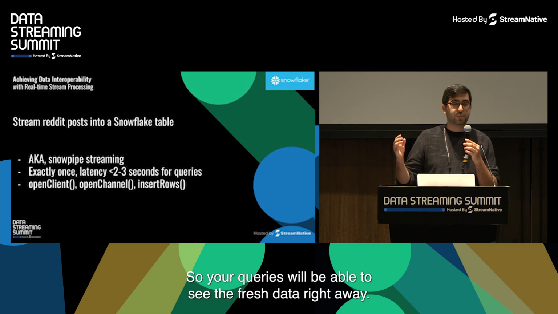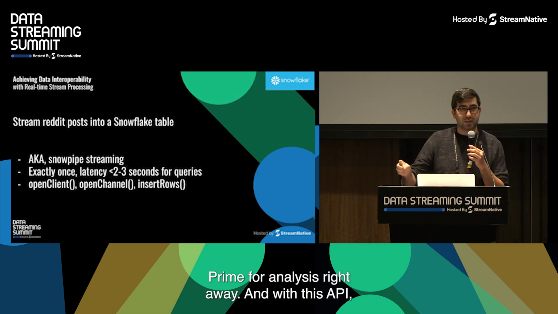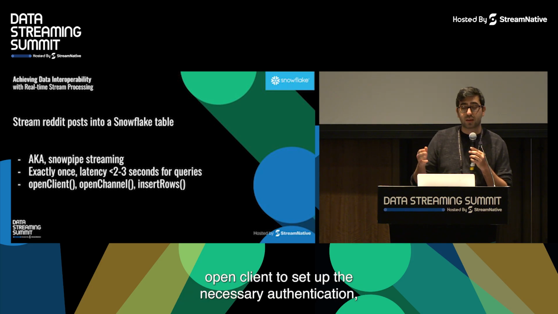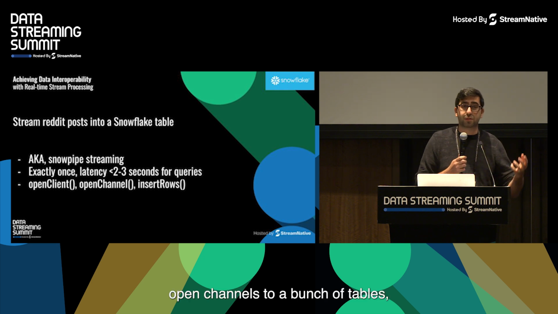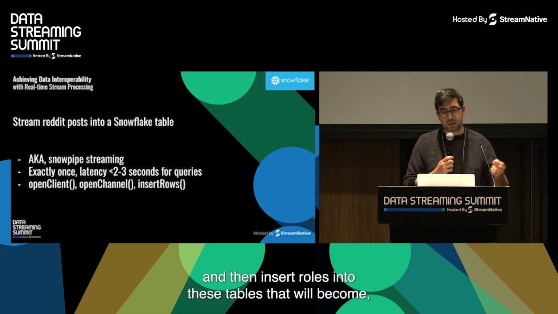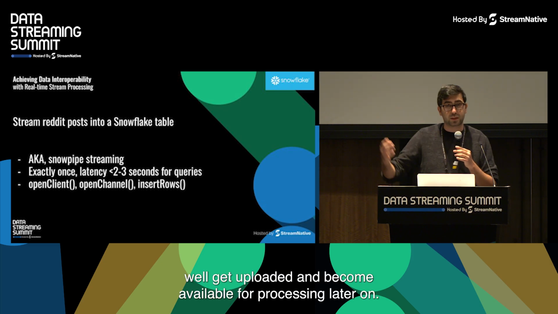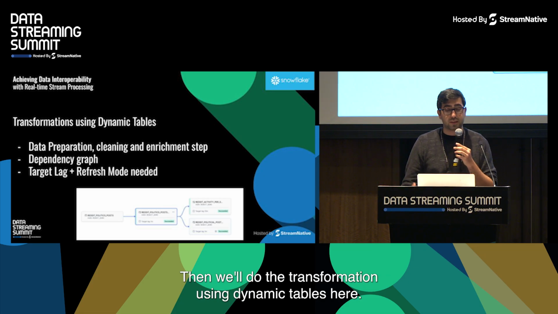So your queries will be able to see the fresh data right away, prime for analysis right away. With this API, we expose 3 different API calls: open client to set up the necessary authentication, open channels to a bunch of tables, and then insert rows into these tables that will get uploaded and become available for processing later on.